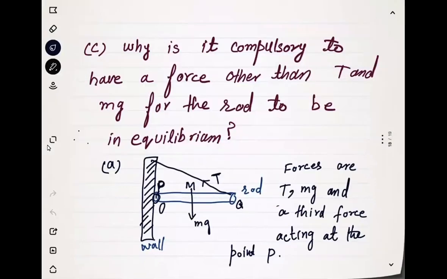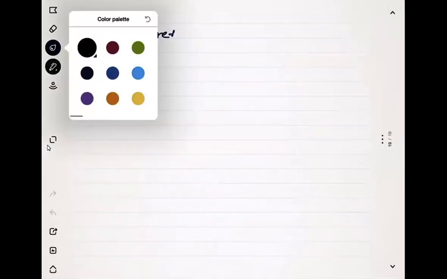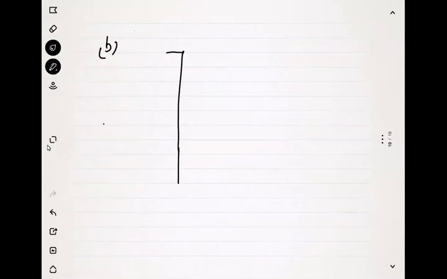Now these are the forces. The B part of the question is applying the second condition of equilibrium to relate T and mg. For example, if we take the point of contact as the pivot, why? Because if you take the point of contact as the pivot, then the contact force will be eliminated.